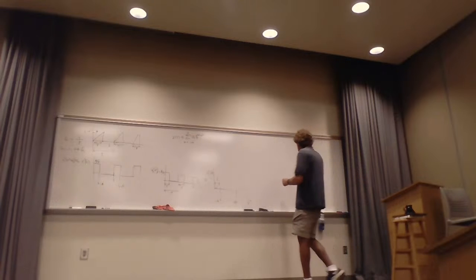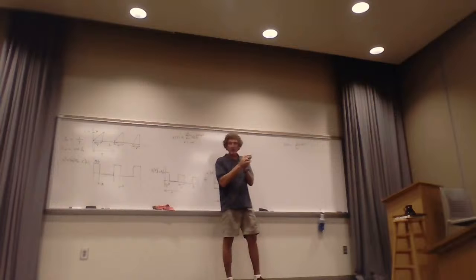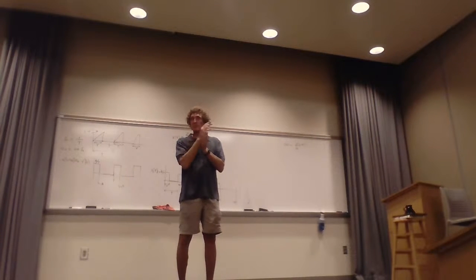So, this is a little side note. If we have a delta function, first, what is a delta function? Well, a delta function by definition really is the derivative with respect to t of u of t, the impulse function. If you have a u of t, the delta function by definition is the derivative of it.